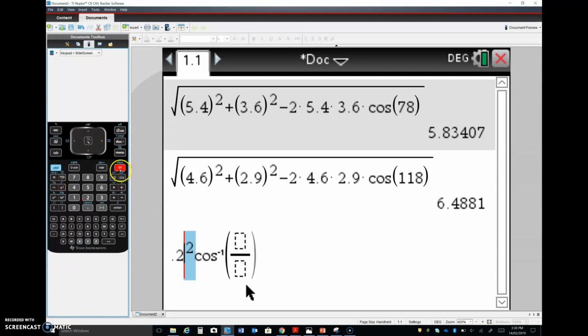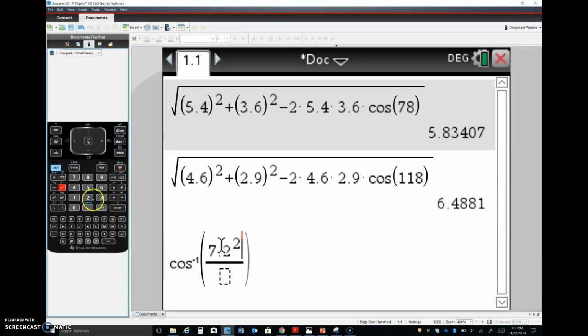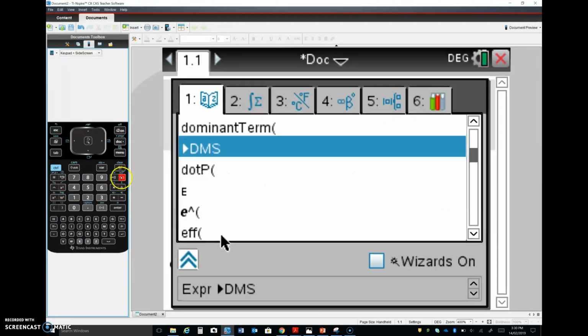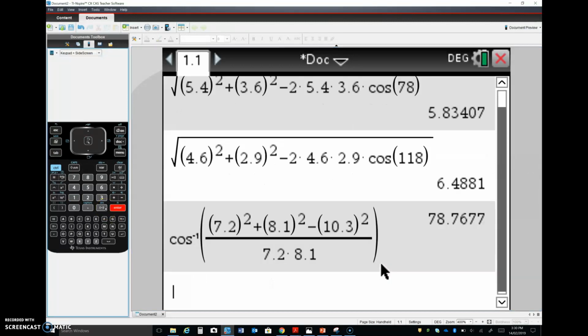Oops. Sorry about that, guys, just pushed the wrong button, bear with me. Okay, that looks like what we want to have typed in. I'll let you have a look at that. And I'll enter this, and we're getting our angle there.